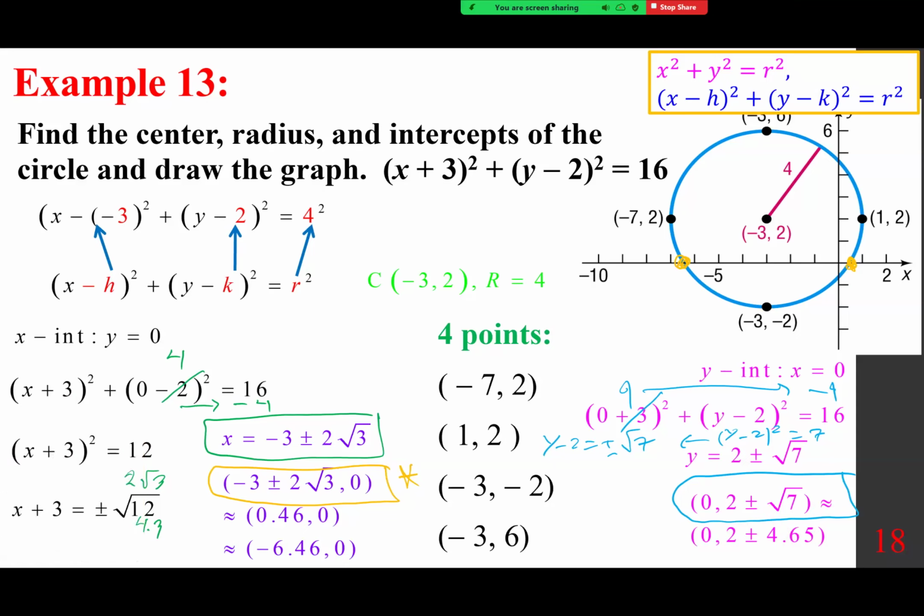These 2 points, everybody. Okay. So it's pretty straightforward. We find everything that they asked for.